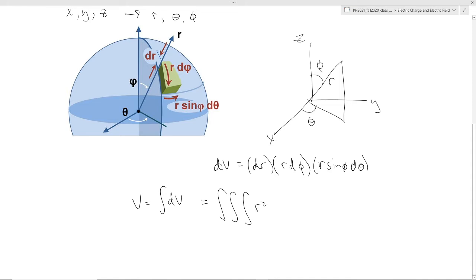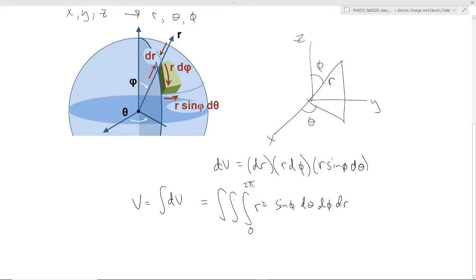We'll have r squared sine phi d theta d phi dr. And theta, you can see in this picture, goes all the way around, so this one is from 0 to 2 pi.